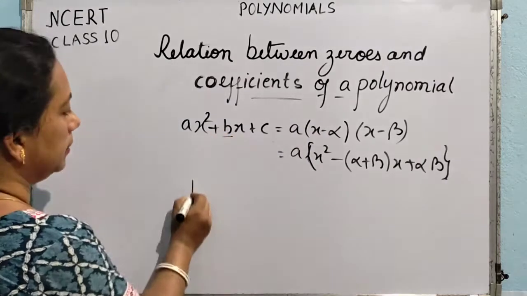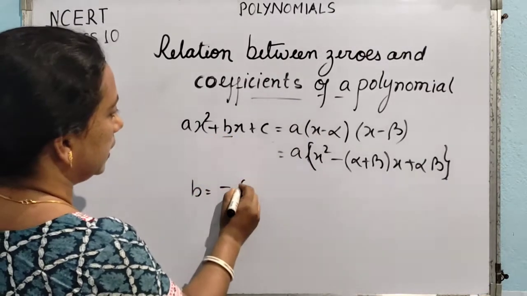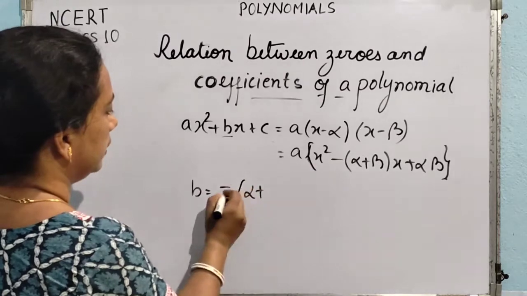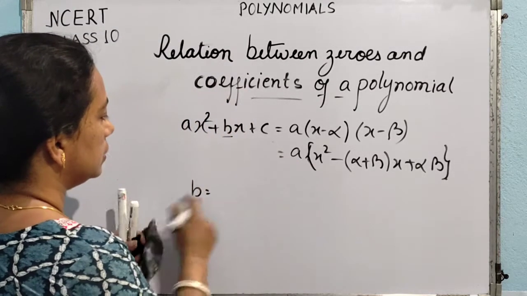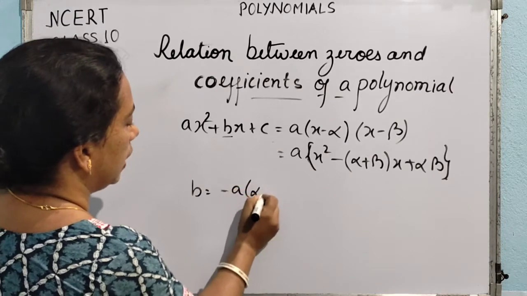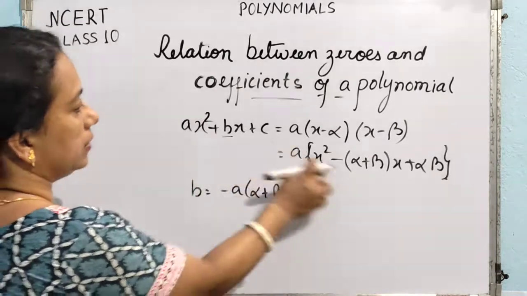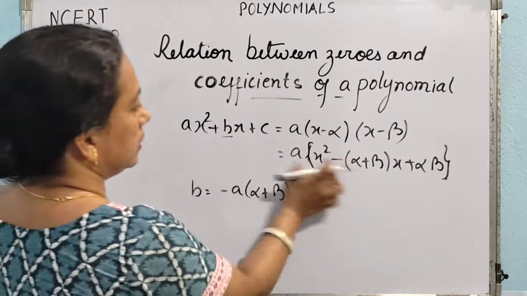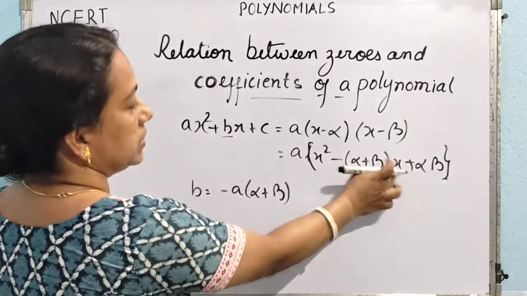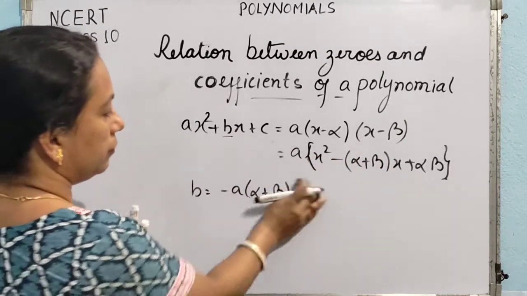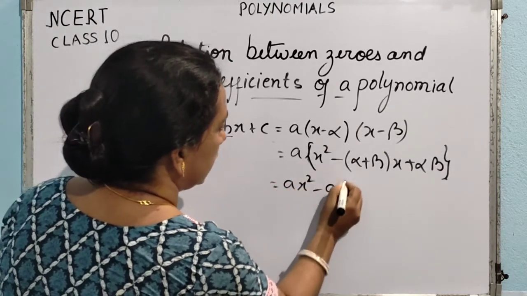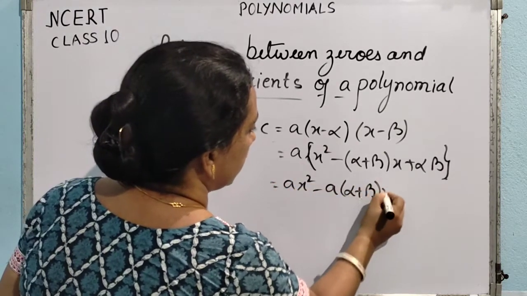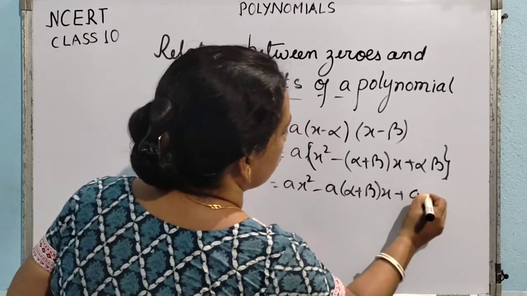That bx is equal to minus a into alpha plus beta x. If you are confused here, I can write one more step: ax square minus a into alpha plus beta x plus a into alpha beta.